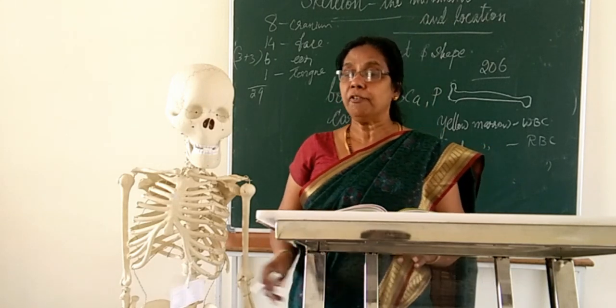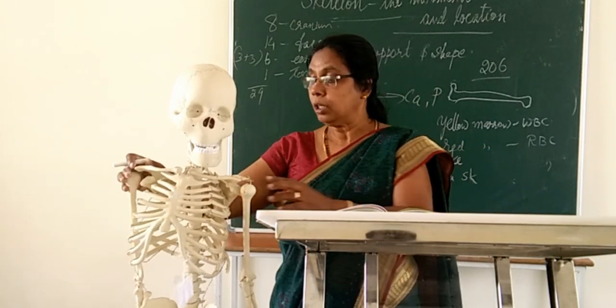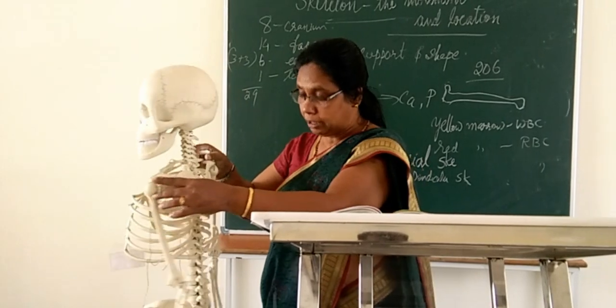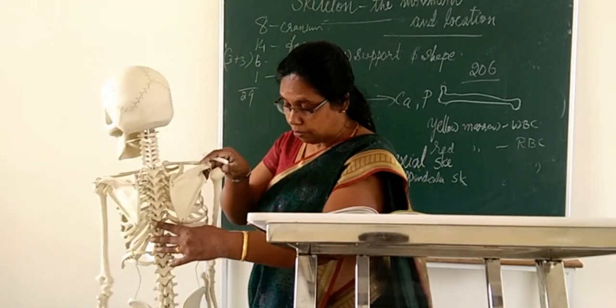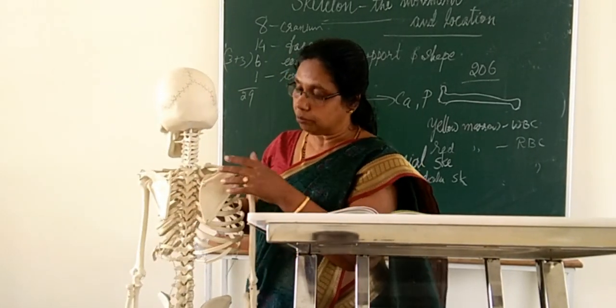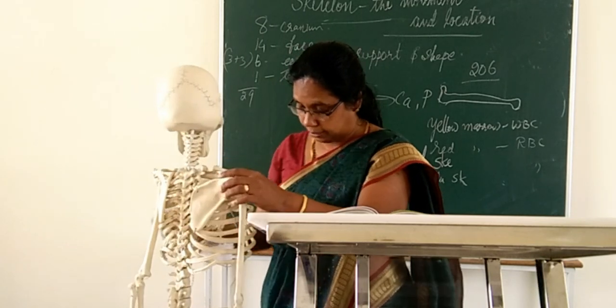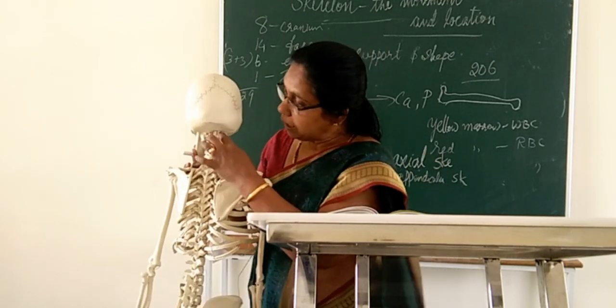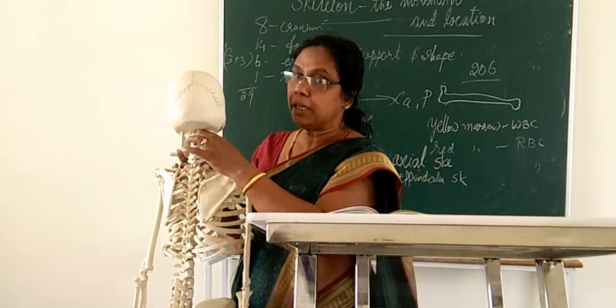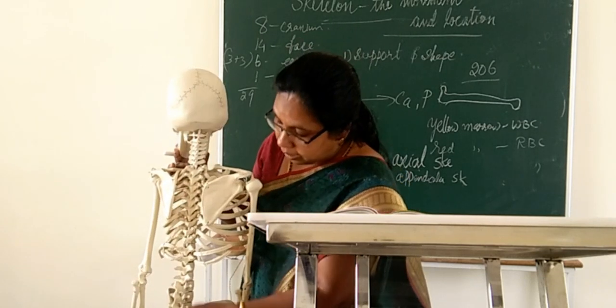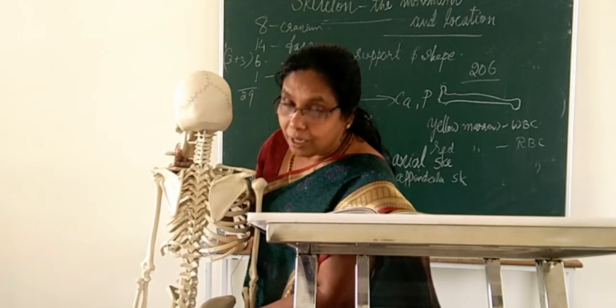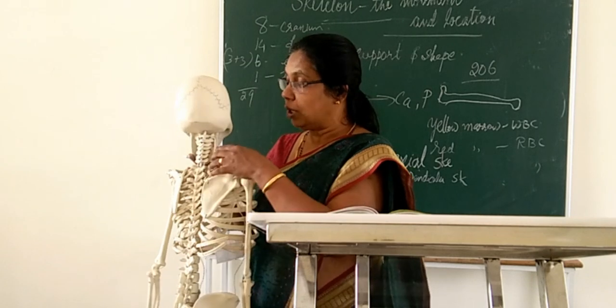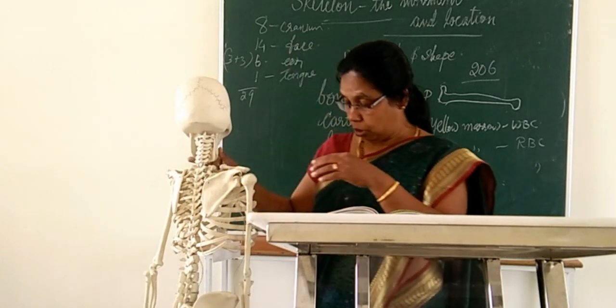Now we can go to the vertebral column. Here I will show you the back view. This is the vertebral column. Clearly you can see, starting from the base of the skull until it reaches the last bone. This is what is called as what? Vertebral column.